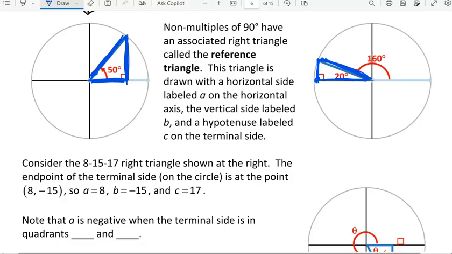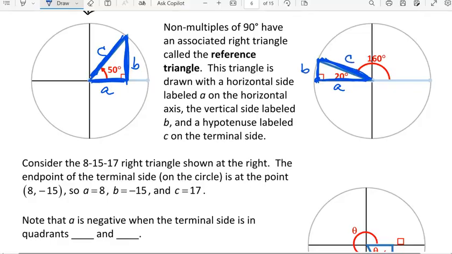And so 20 is the angle inside the reference triangle, and that is found by taking that 160 and subtracting from 180.